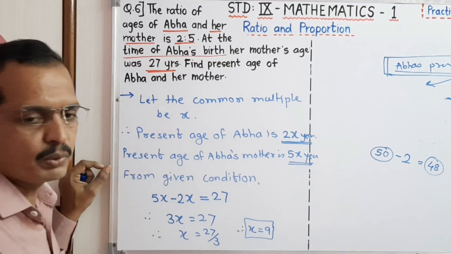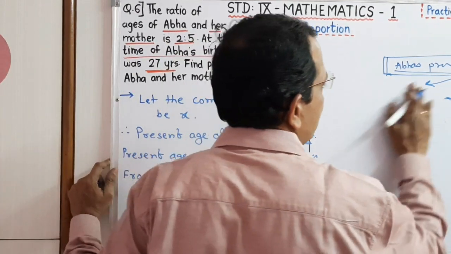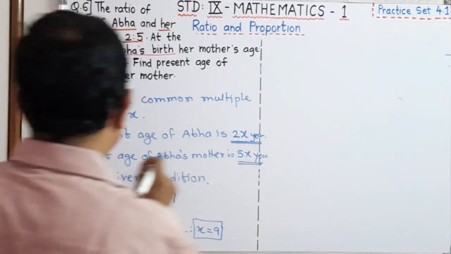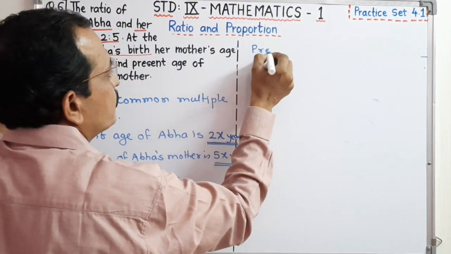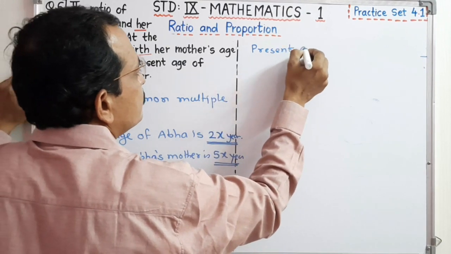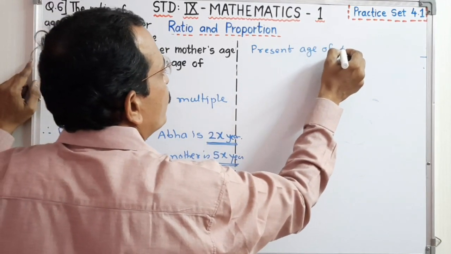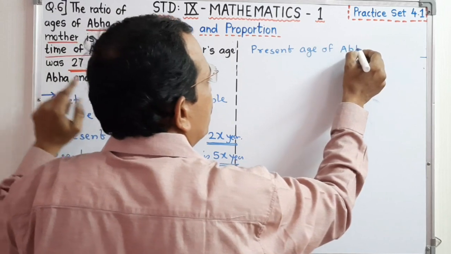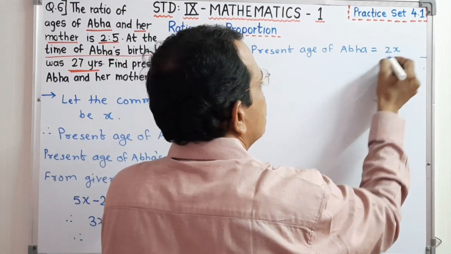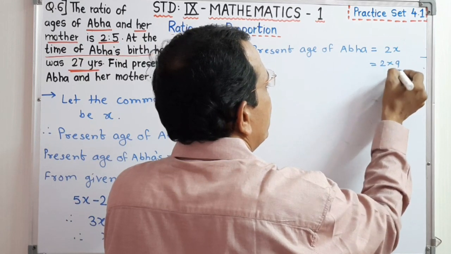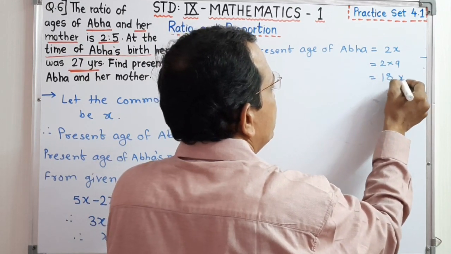Dear student, the common multiple we got here is x. Therefore we can write, we have to find the ages. Therefore we have to write: present age of Abba is equal to how much? 2x is equal to 2 into 9 is equal to 18 years.